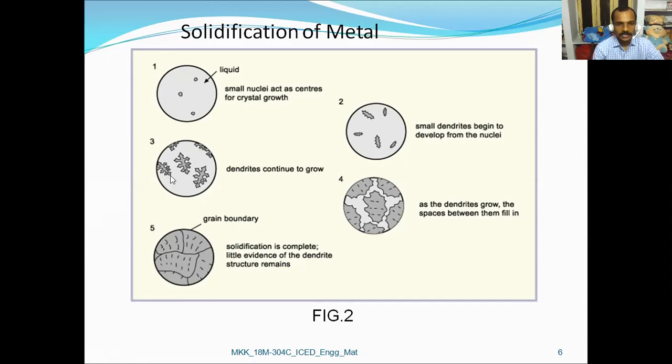The dendrites continued to grow, and one dendrite connected with the other so that the spaces between them were filled, and finally the total grain boundary is formed, showing little evidence of the dendrite structure.